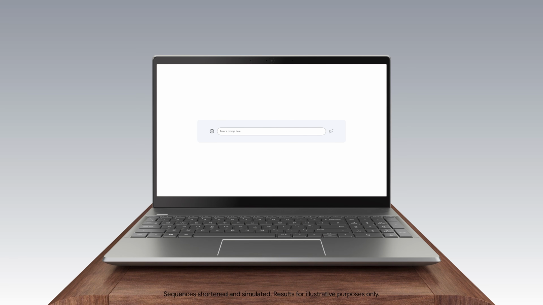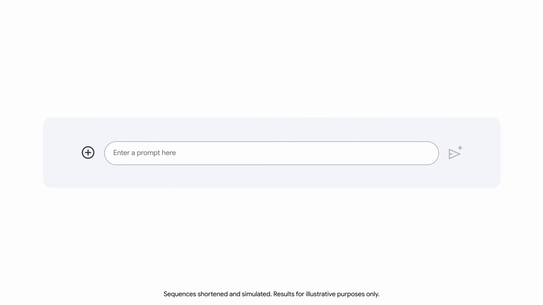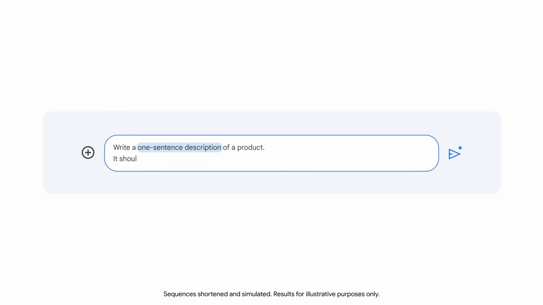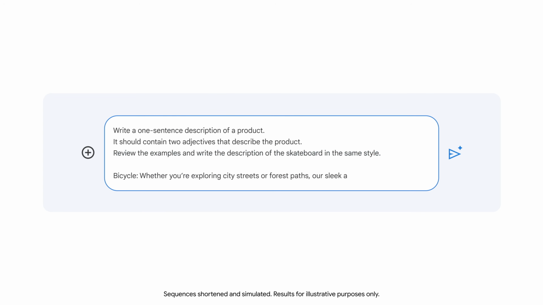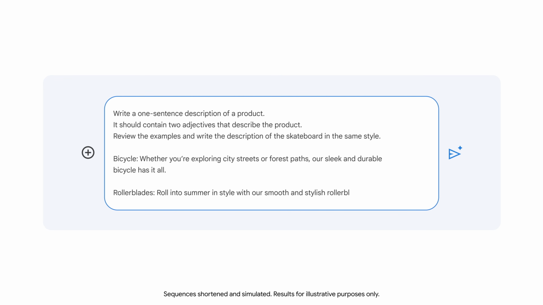We'll start with a prompt that begins with some general instructions. Write a one-sentence description of a product. It should contain two adjectives that describe the product. We also specify that we want Gemini to review the examples we provide and write the description of the skateboard in the same style. Because this is a few-shot prompt, we need to provide examples that model the style we want.